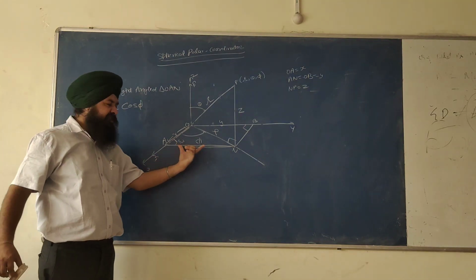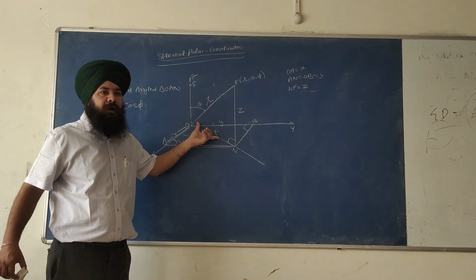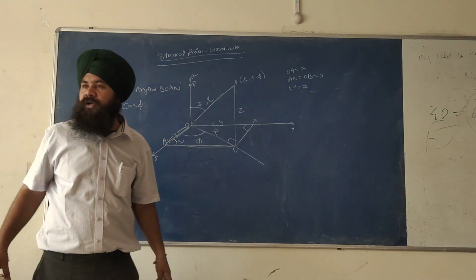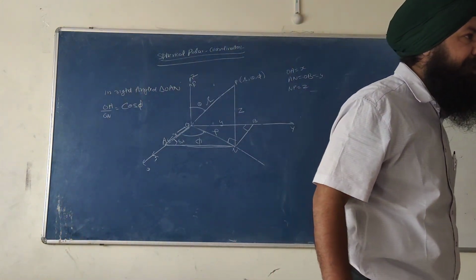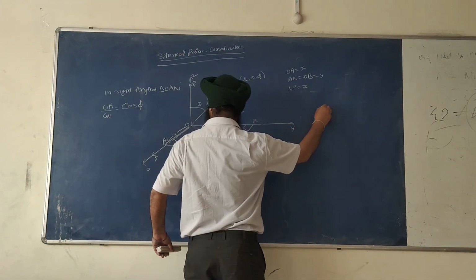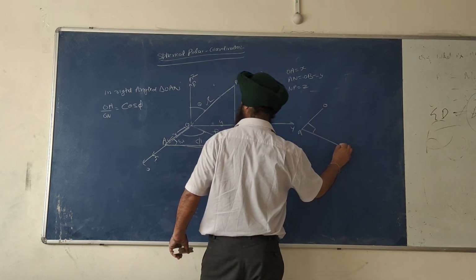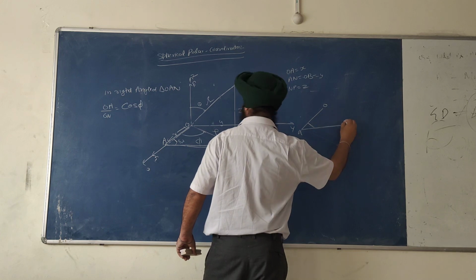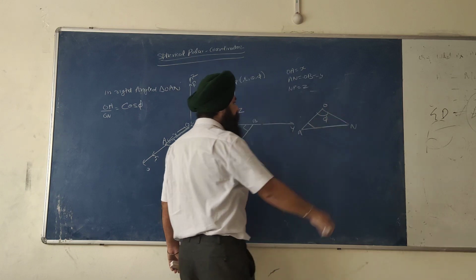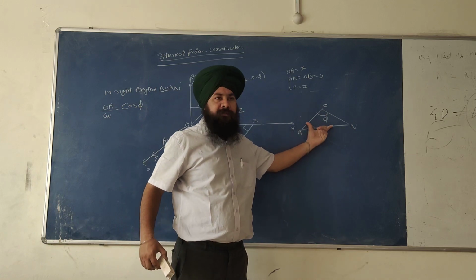Okay, because this is a perpendicular, this is base, and this is a hypotenuse. 90 के सामने वाला एंगल कौन सा होता है? हाइपोटेन्यूज होता है ना. And what is cos? Cos is base upon hypotenuse. What is base in this triangle? OA.